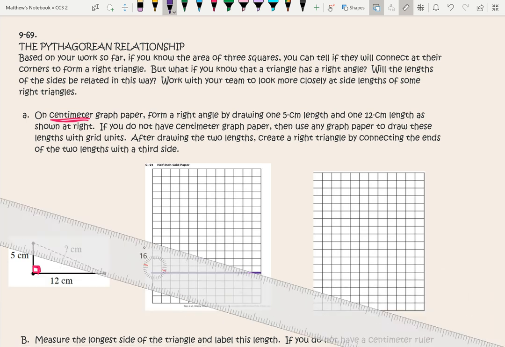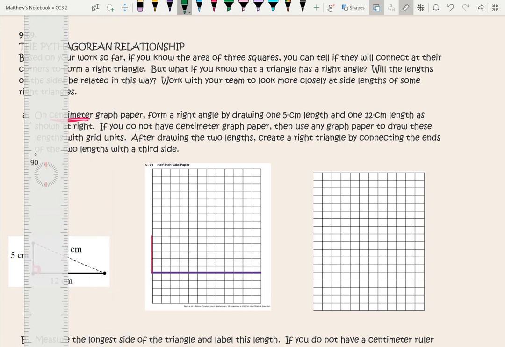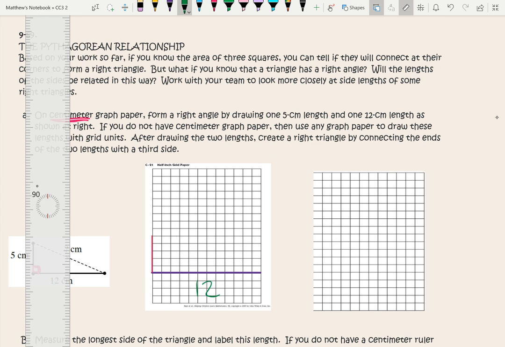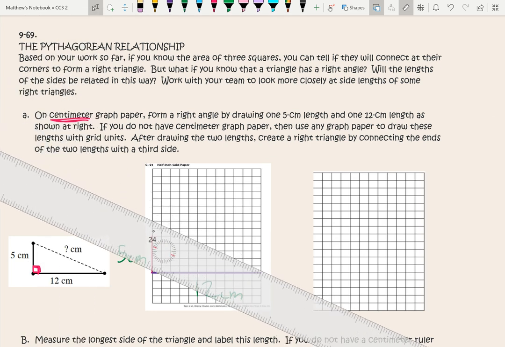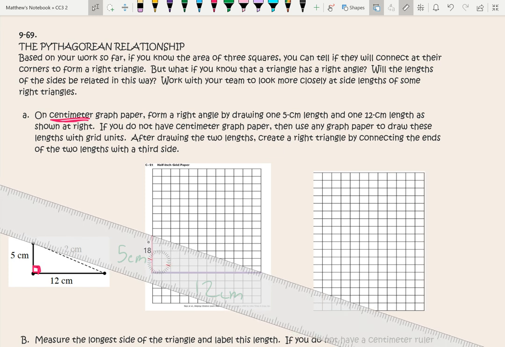And then I have to go 5 up. So I want to go 90 degrees here, so it's a straight line. And I got to draw 5 up. 1, 2, 3, 4, 5. Okay, now I can label my sides appropriately. We've got our 12 centimeters and we've got our 5 centimeters. So now it's saying if we connect a straight line here, so I'm going to use my ruler tool again.